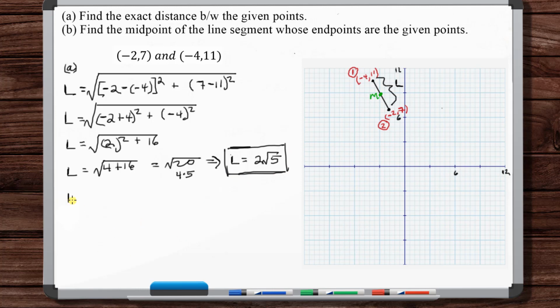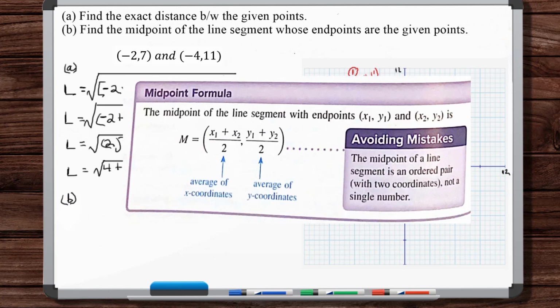Part B, the coordinates of the midpoint. Okay, x1 plus x2 divided by 2 is the x coordinate of the midpoint, and then y1 plus y2 divided by 2 is the y coordinate. And same thing, which point you use for point 1 and point 2 is arbitrary. Just use your minus signs correctly in conjunction with this general formula here.